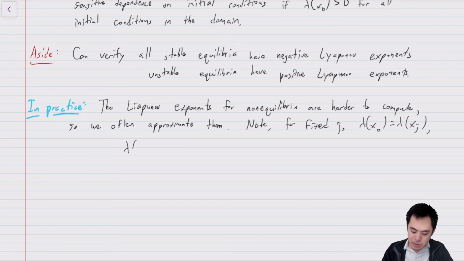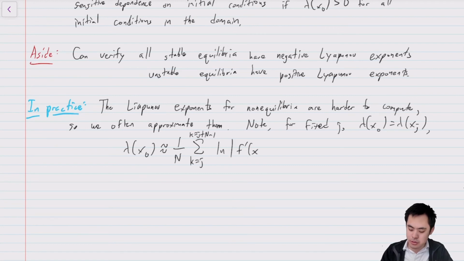So we can say that lambda of x naught is approximately equal to 1 over n times the sum over k equals j to j plus n minus 1 of the natural log of the first derivative at each of those points. And so you can just have a computer run this for 1,000 points or some number of points, and then you take that as an approximation of the Lyapunov exponent.